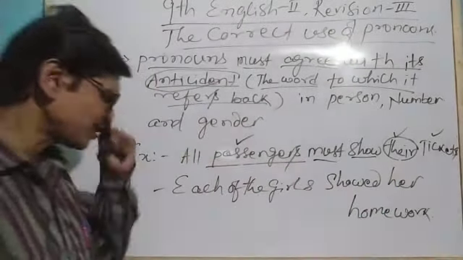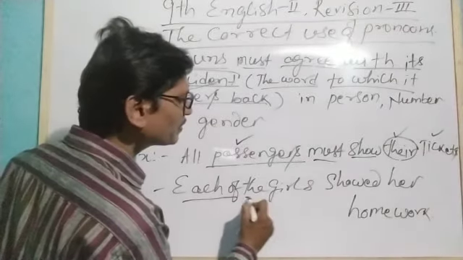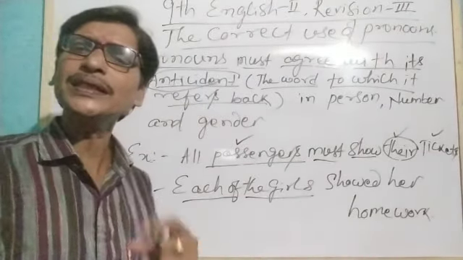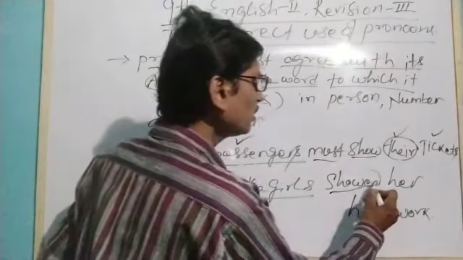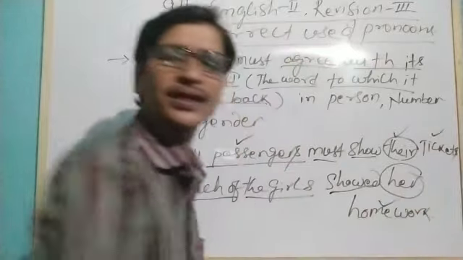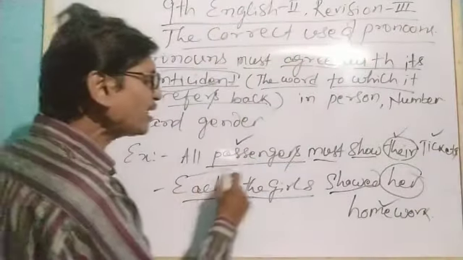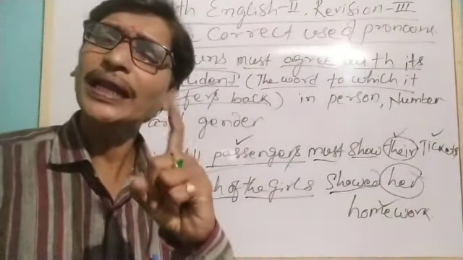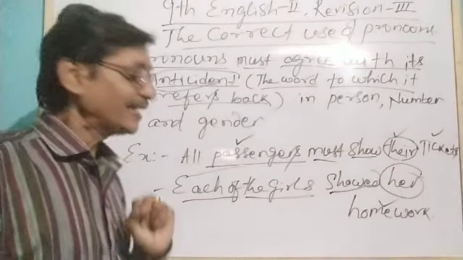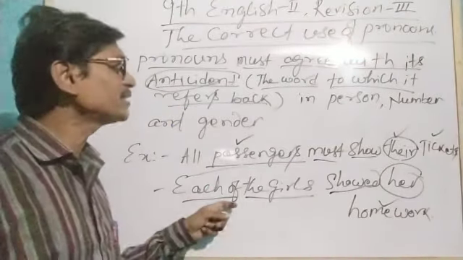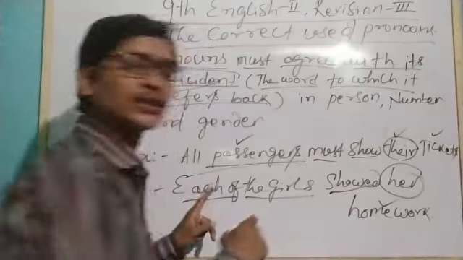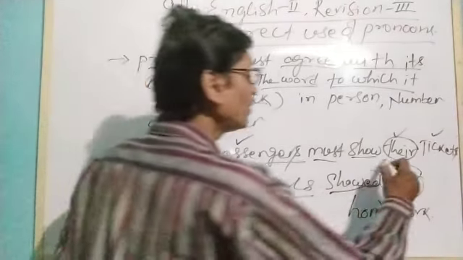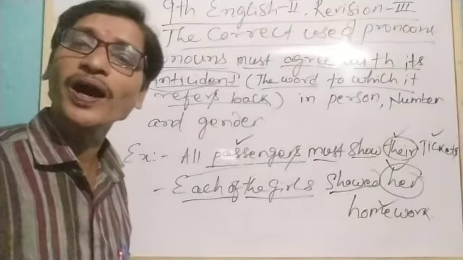Similarly here you see, each of the girls, that means every individual girl, showed her homework. When we are talking about only one girl, every individual girl, though its gender is feminine, we have used singular with feminine gender, her homework.